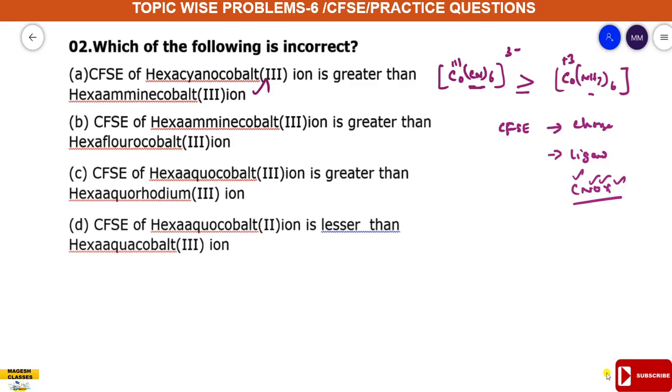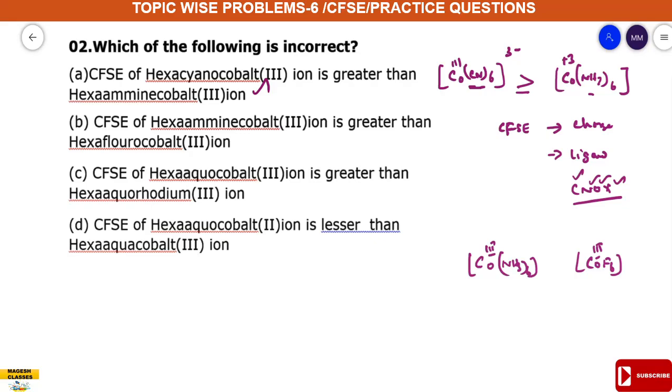Next one, the CFSE of hexaamminecobalt(III) ion is greater than hexafluorocobalt ion. In both cases, the metal atom and ion are similar. That is hexaamminecobalt 3+, and here the hexafluoro, it is also 3+. In both cases, the metal and charges are similar and the ligand is different.